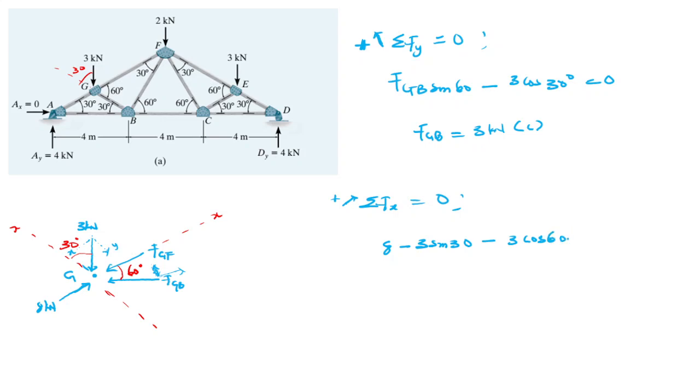The 3 is the new value of FGB, minus our FGF. Our FGF we don't need to resolve because it's already in that direction, minus FGF equals 0. Solving this, our FGF becomes 5 kilonewtons in compression.